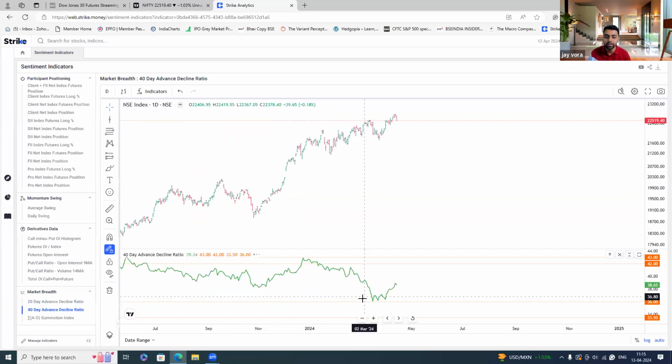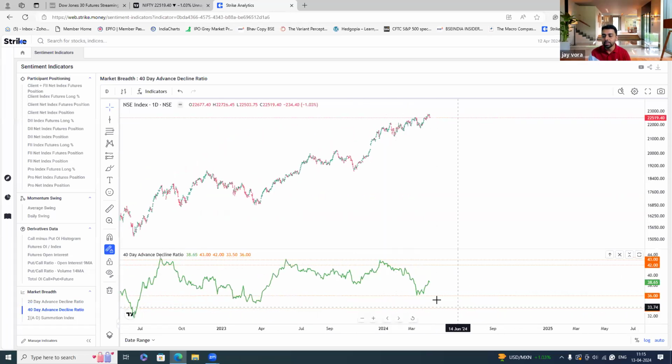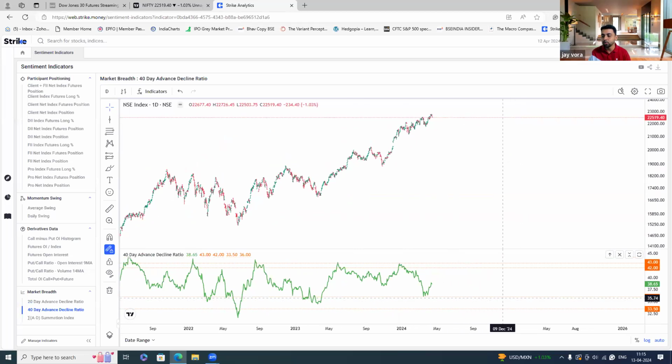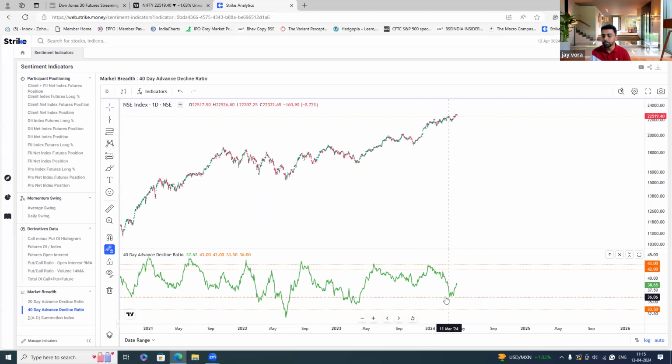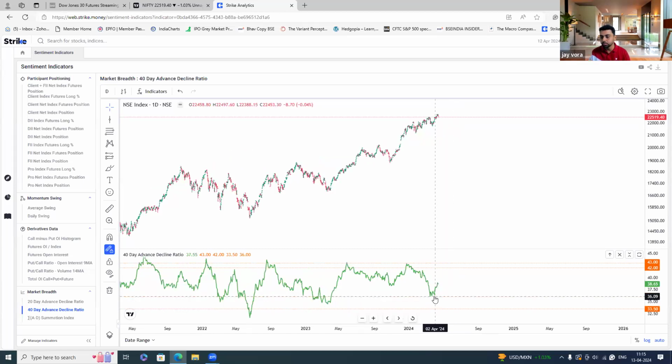Similarly, the 40-day ratio, same concept over here. Don't look at the numbers, just look at the lines, whether we are in the overbought or oversold zone. We could see the 20-day hitting the oversold zone and the 40-day AD ratio also hitting its first oversold zone. Apart from that, the average swing was also indicating that.